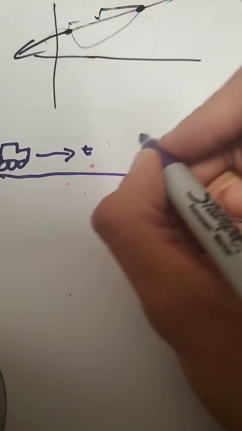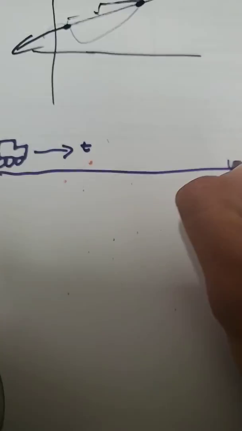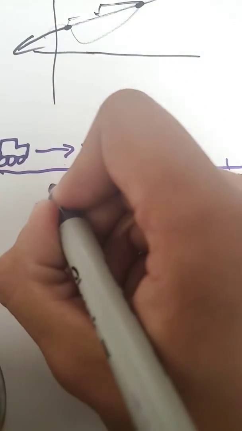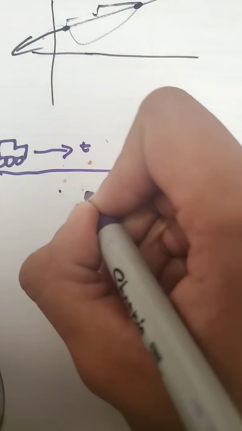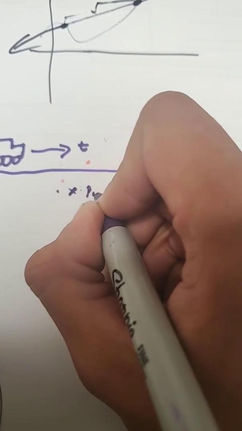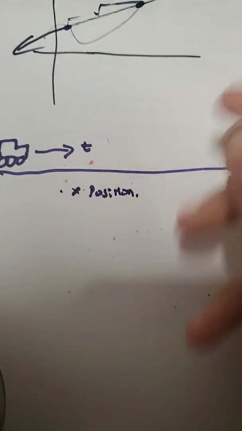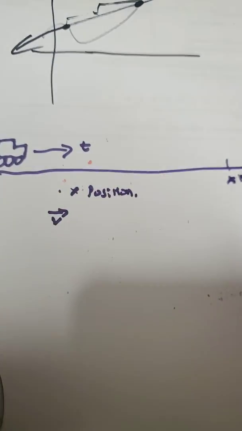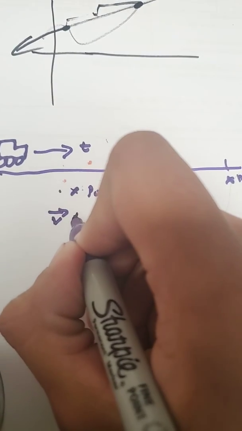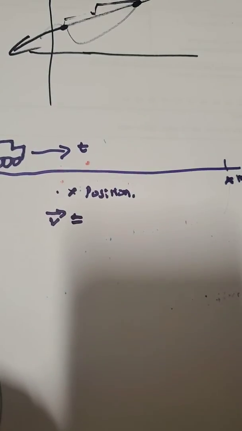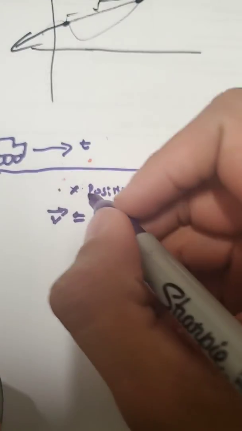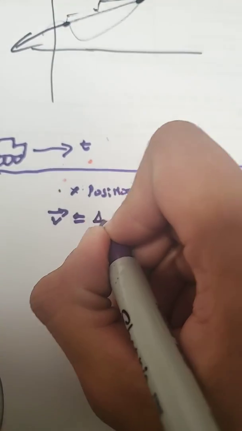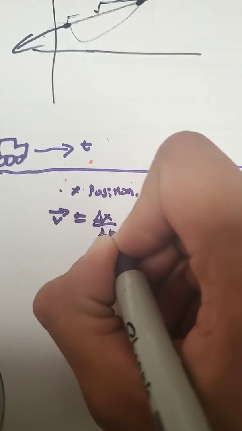Pretty much this car at any point in time, we could find its velocity, so we could find its change. So a change in position would be x. And so we could define its speed, also known as its velocity with direction, if we specify direction, as a change in position over a change in time interval.